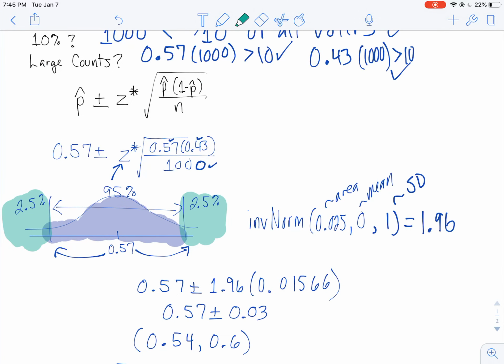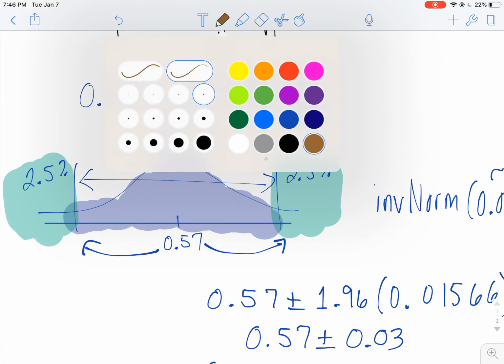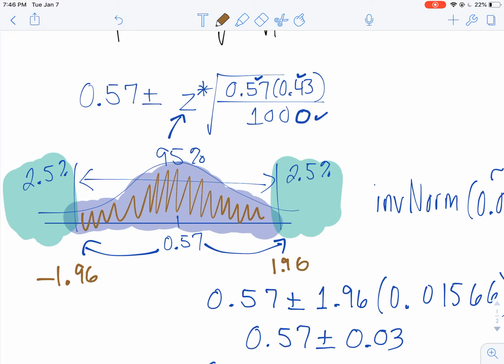If I use inverse norm, I use the area of 0.025, plug in my mean of 0 and my standard deviation of 1 because we're dealing with z-scores, and I get 1.96. What that tells me is that I want to go out 1.96 standard deviations in each direction to make sure I capture the 95% of possible statistics right here.